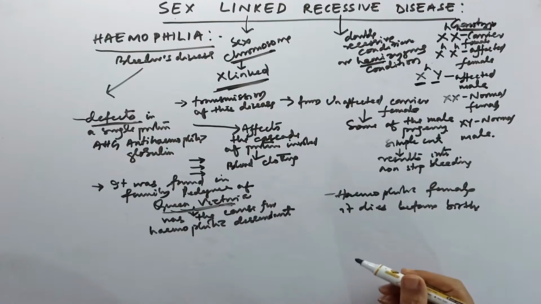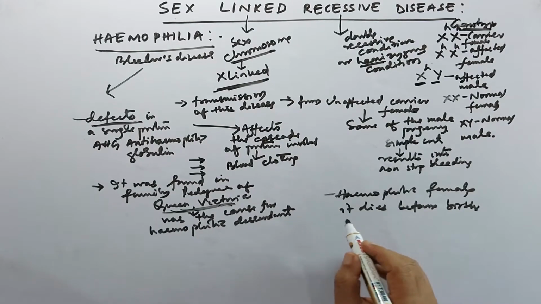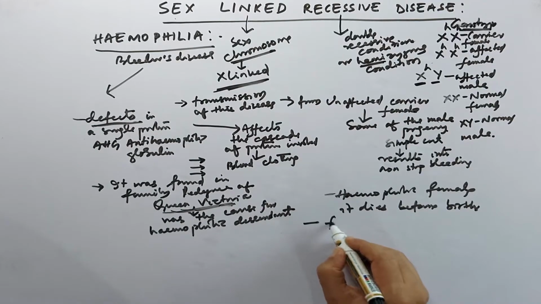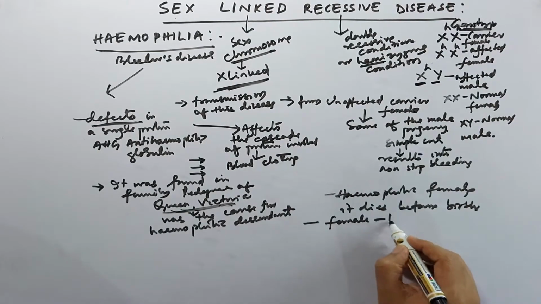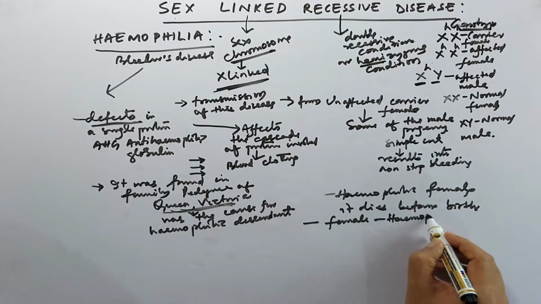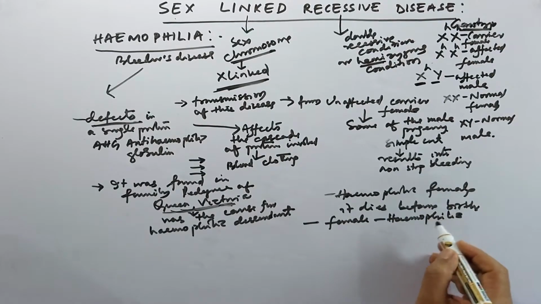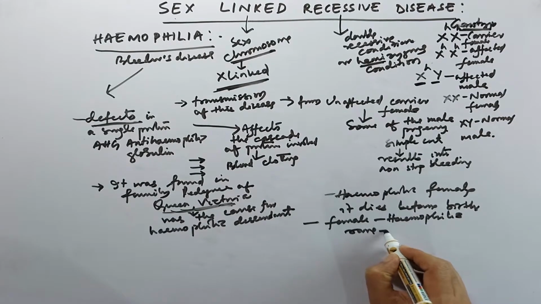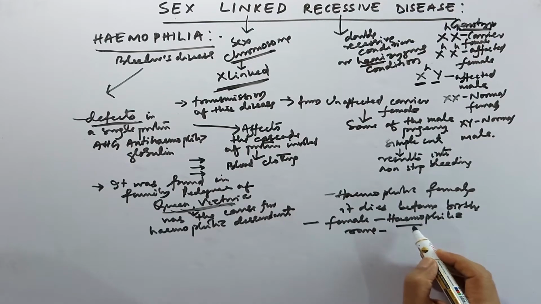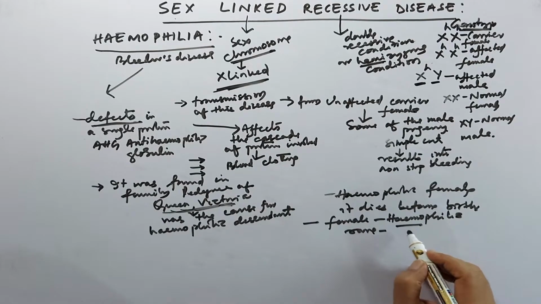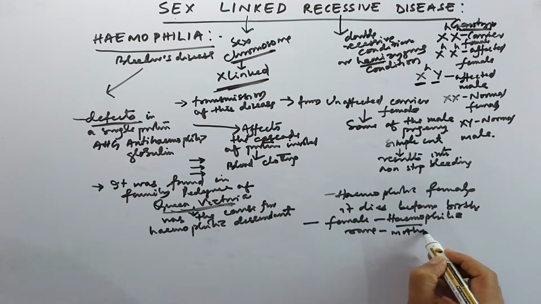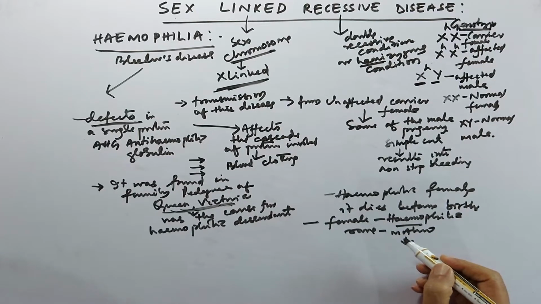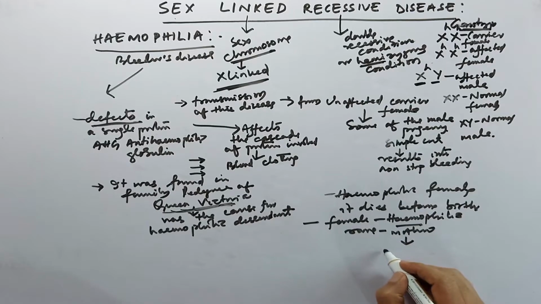This is also important: the possibility of a female becoming hemophilic is always rare, because to be hemophilic, the mother of such a female has to be at least a carrier.